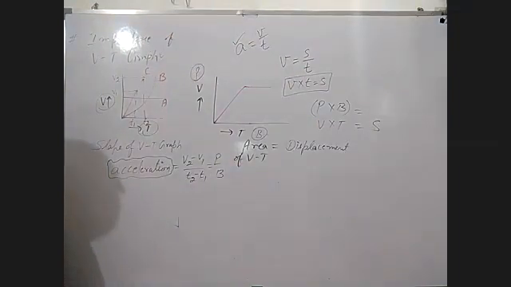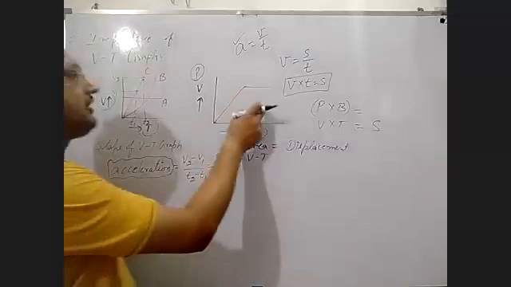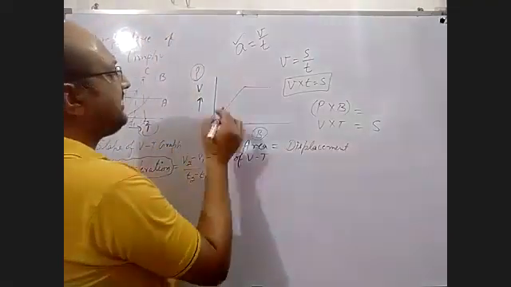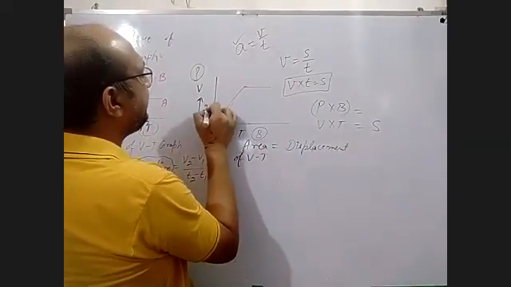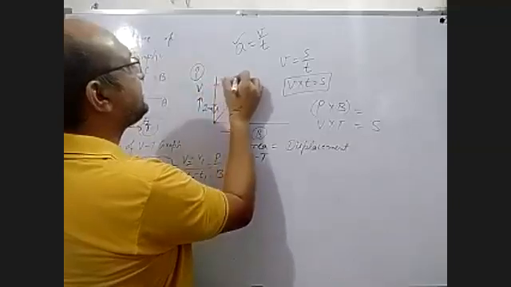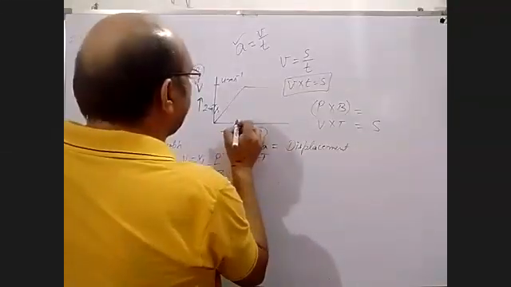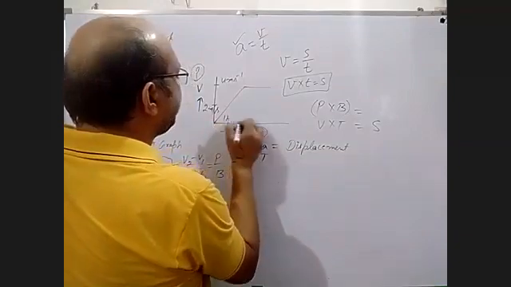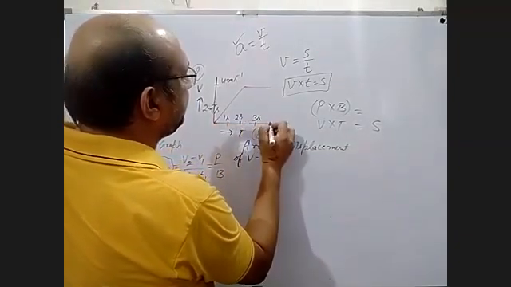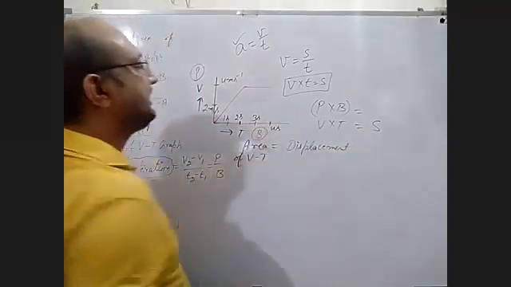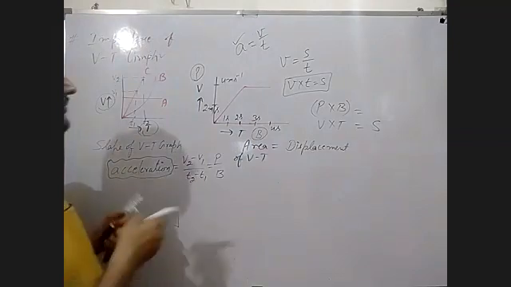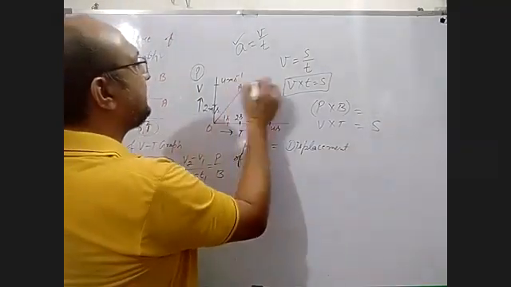Now let us take an example for calculating displacement. So this is the graph. Here 2 meter per second is the velocity, and here 4 meter per second is the velocity. Time I am taking here 1 second, 2 seconds, 3 seconds, and this is 4 seconds.